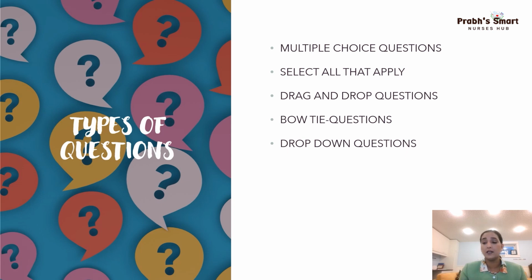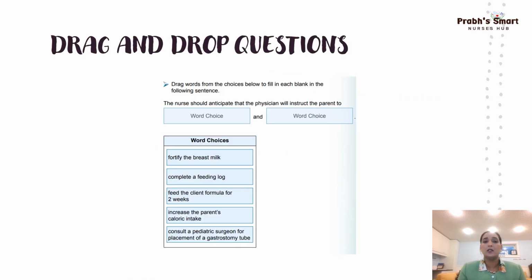My coming slides will help you understand what these questions are going to look like. Okay, so this is drag and drop questions, right? So these are the options you will be given. So you will drag this option and you will drop in these columns. Okay, so that is drag and drop questions.